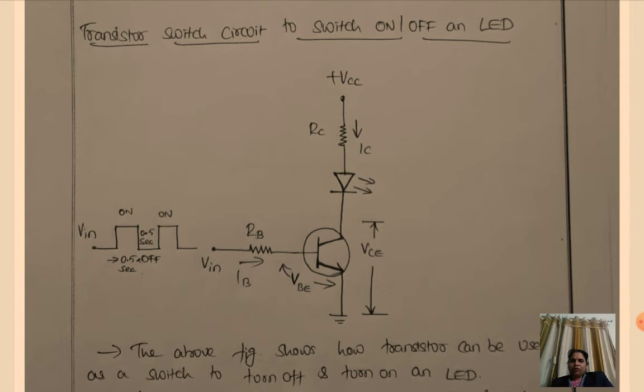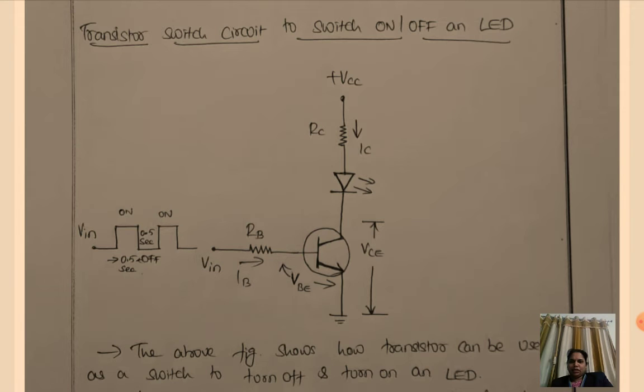Now I am going to check whether the LED is on or off, with the help of the square wave. When I give a square input pulse, initially the input voltage will be 0.